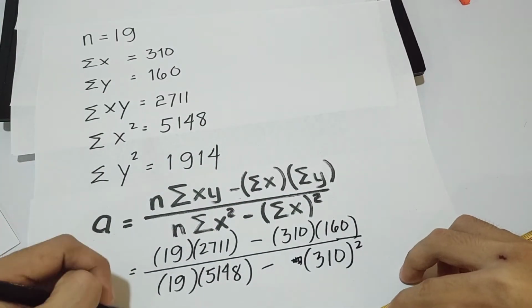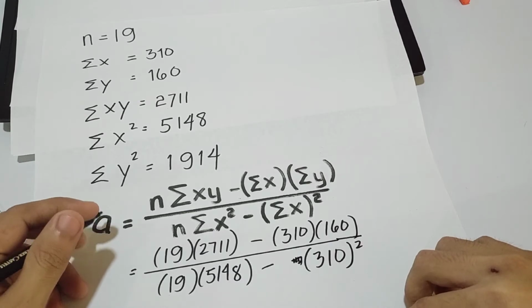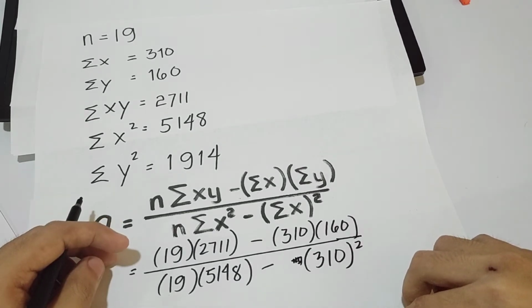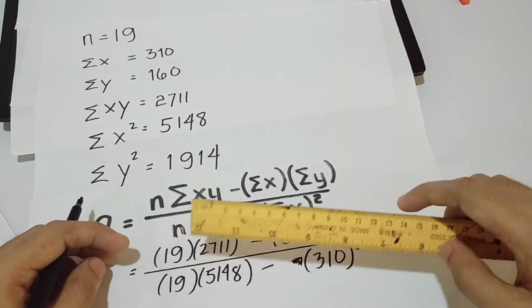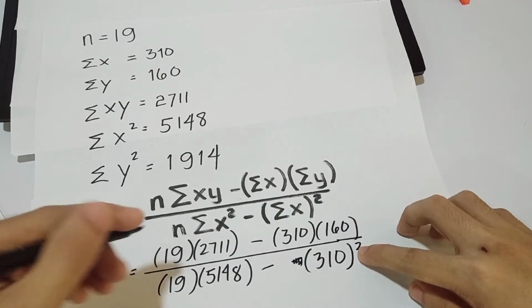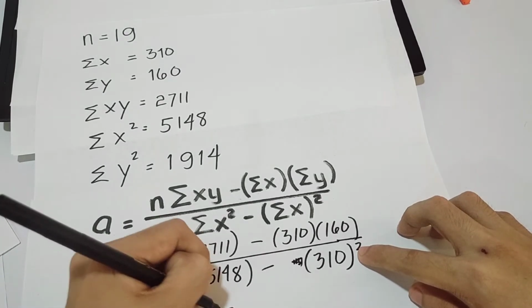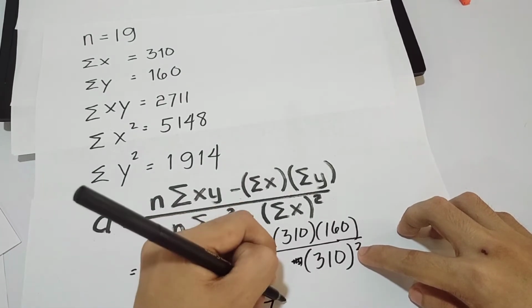So now that we have substituted all the necessary values, we use the calculator, and according to the calculator, this equation results to 1.115070.